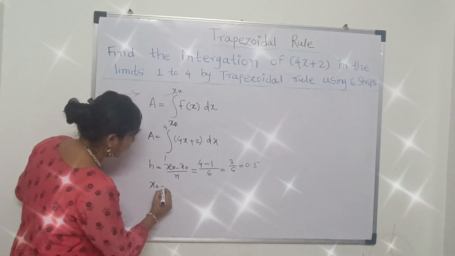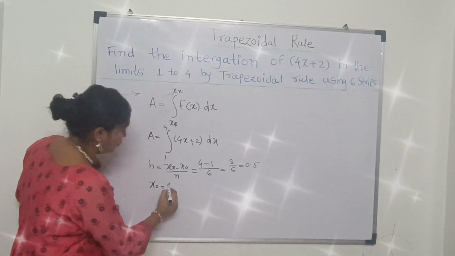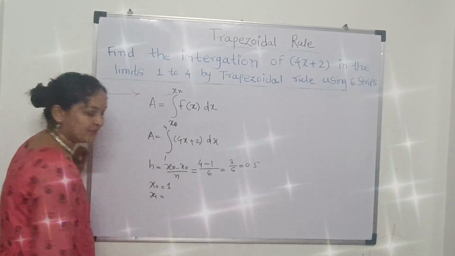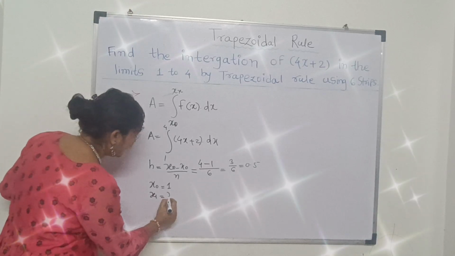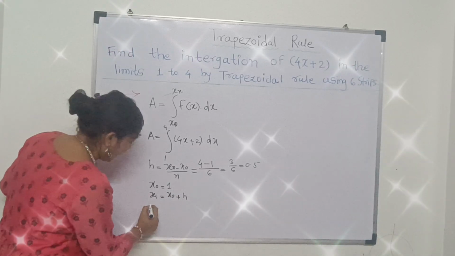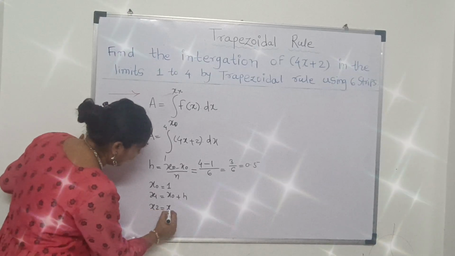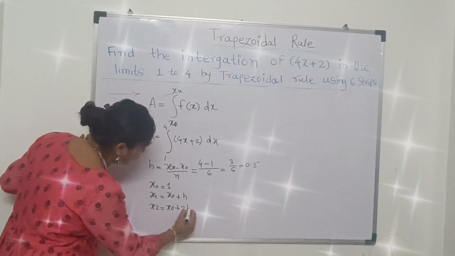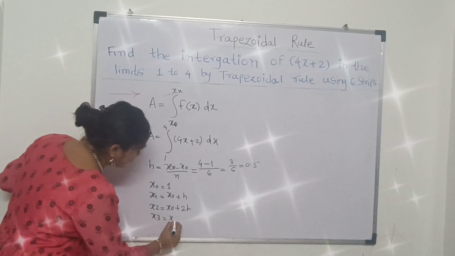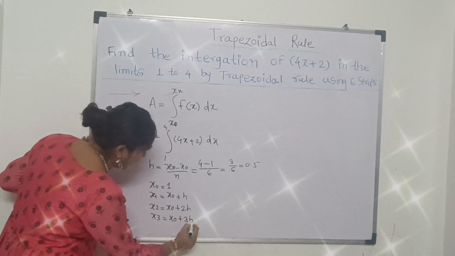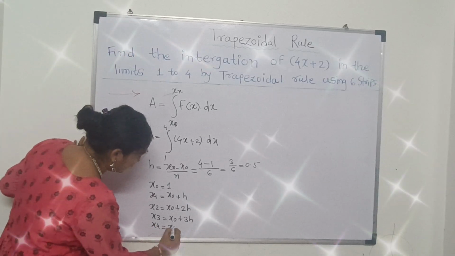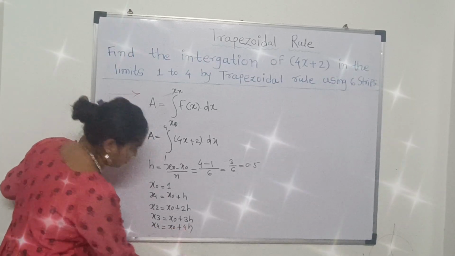So x0 is given as 1. Now how can you calculate x1? That is nothing but x0 plus h. Right. x2 becomes x0 plus 2h. x3 becomes x0 plus 3h. x4 becomes x0 plus 4h.